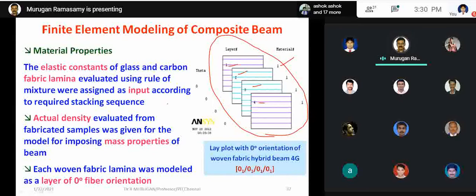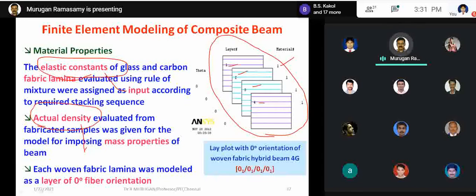The elastic constants we calculated using the rule of mixture and the equations are given as input as the material property, along with the actual density of the material, because we already fabricated it. Otherwise, we can use the theoretical density value also.